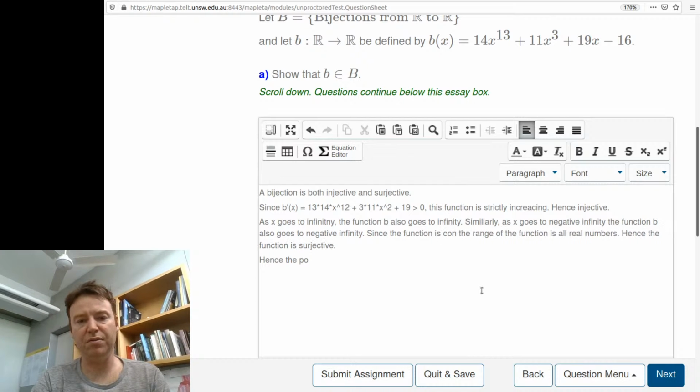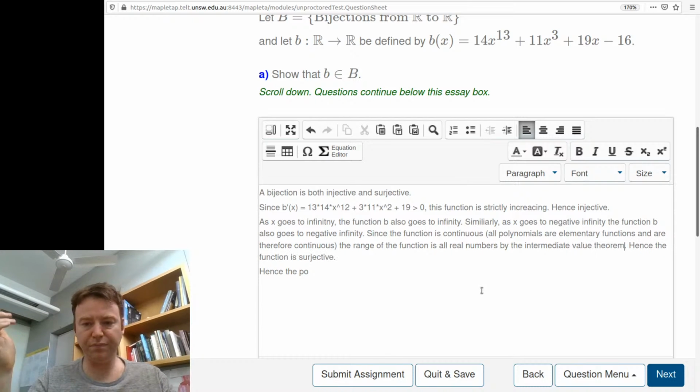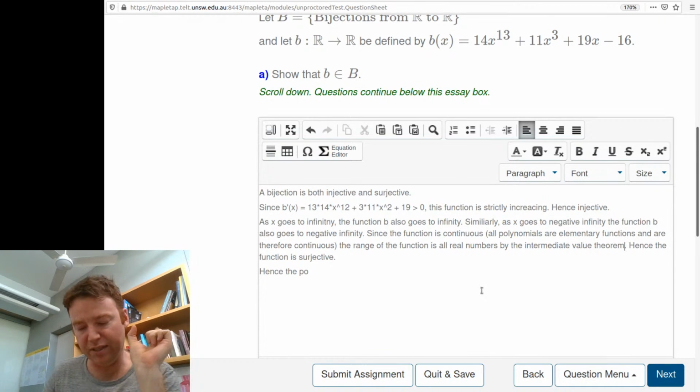Since the function is continuous, so I've invoked some theorem that shows it's surjective, but you need to do a little bit more than show that it's strictly increasing.